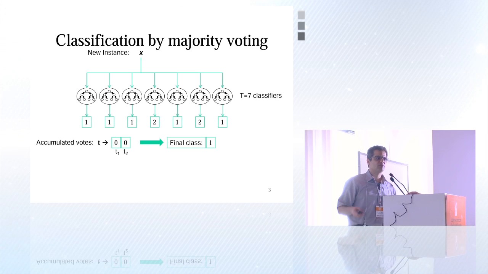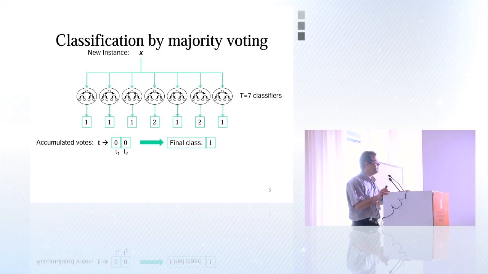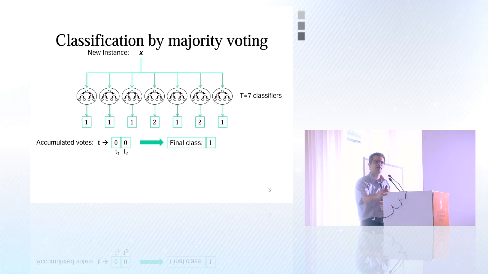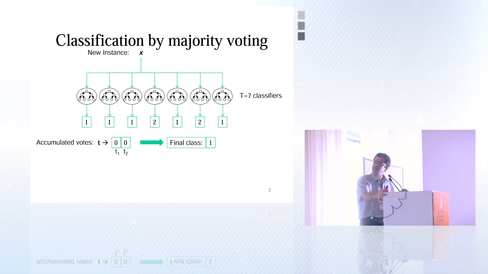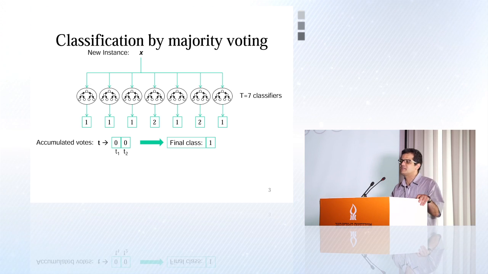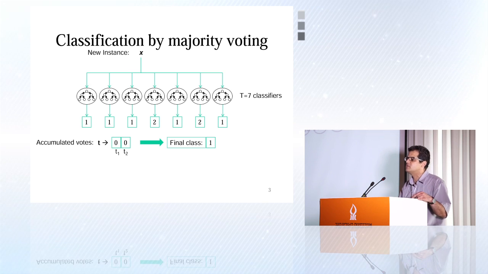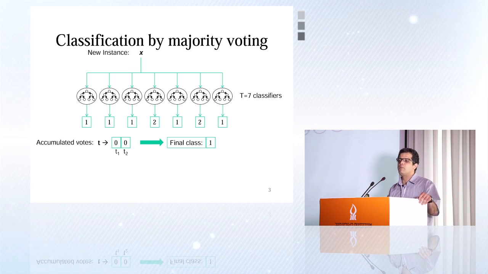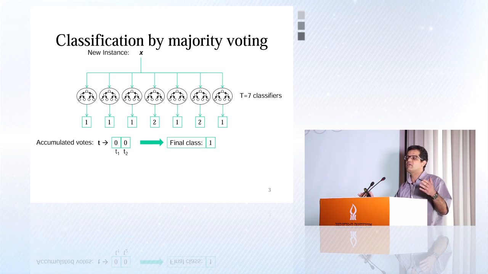So the idea, of course, of random forest is to build an ensemble of trees. Each one of the trees can give a prediction for the unseen instance. For instance, in our example, this is a classification task, so each one of the trees provides a classification. And then we have some sort of mechanism that combines all the predictions, or in this case, all the classifications, into a final one.